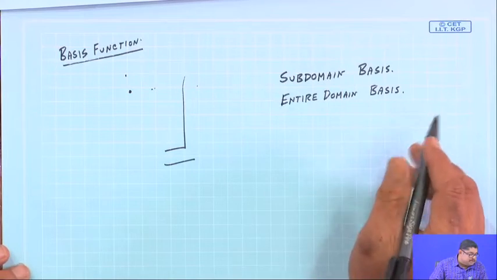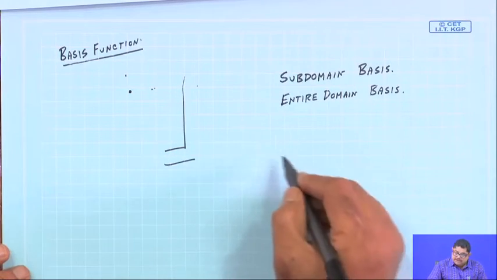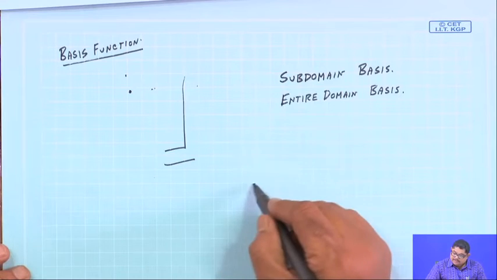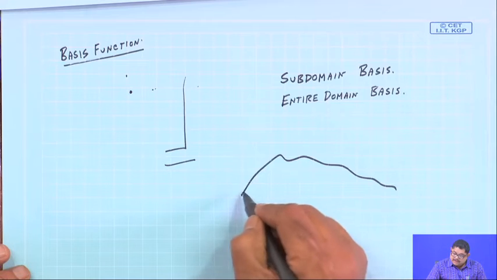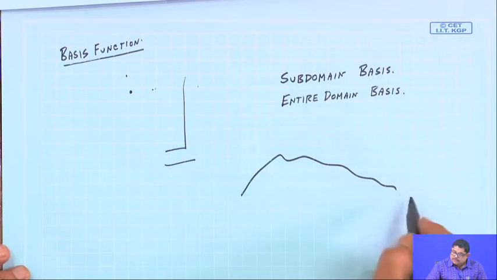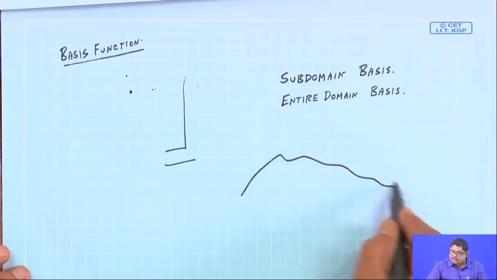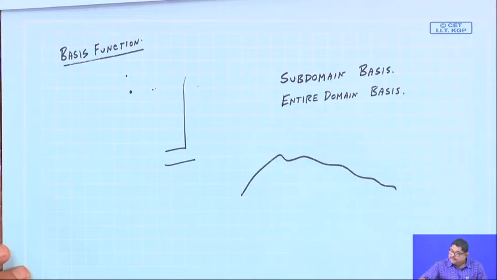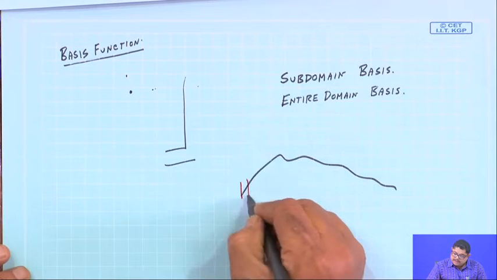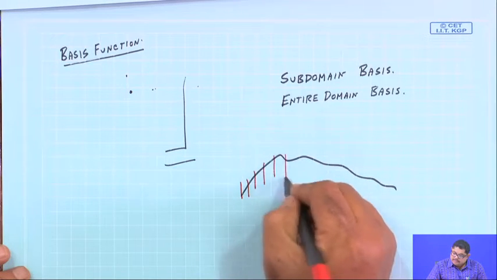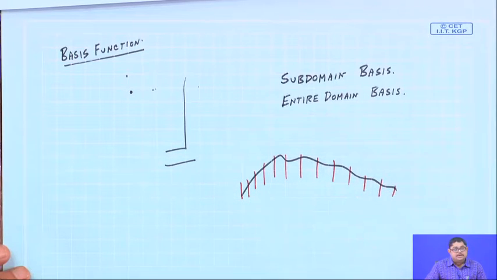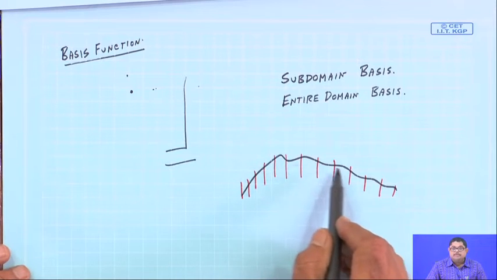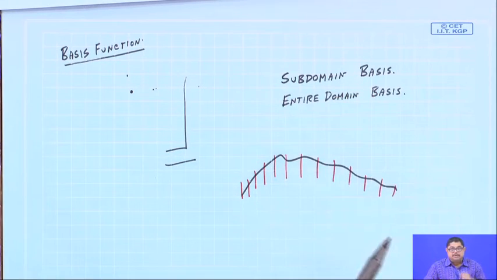What is subdomain basis? Most commonly used, suppose I have some function here. Suppose this is a structure on which this function is there. A very clever choice is to break it into various parts. You can make them equal or unequal, that is your choice, because where there is not much variation, you can increase the gap also.